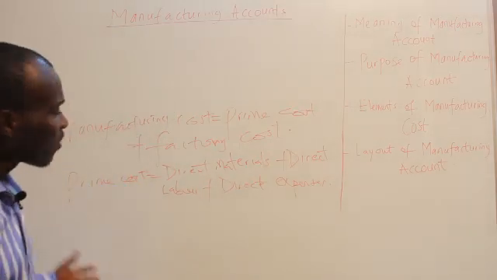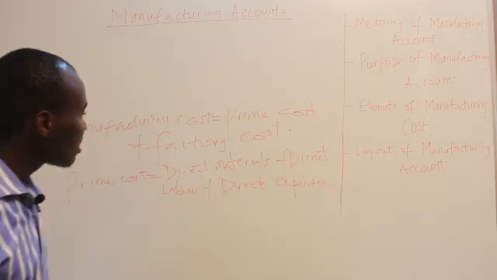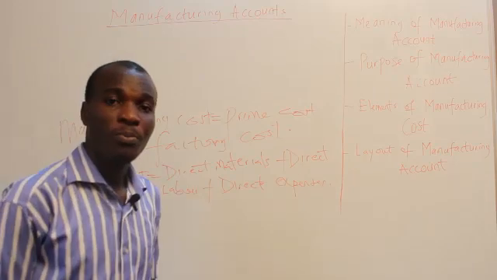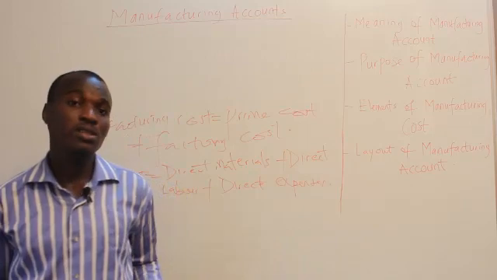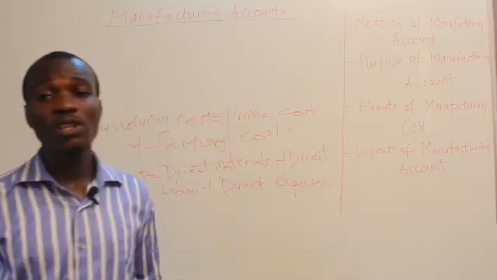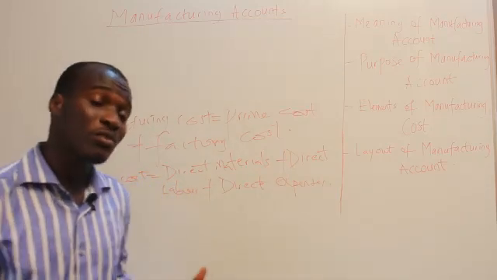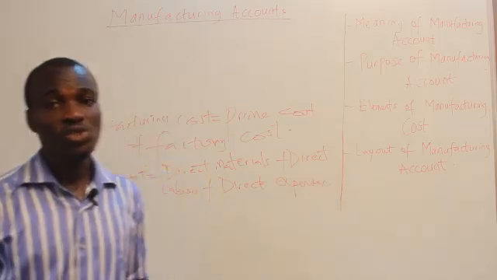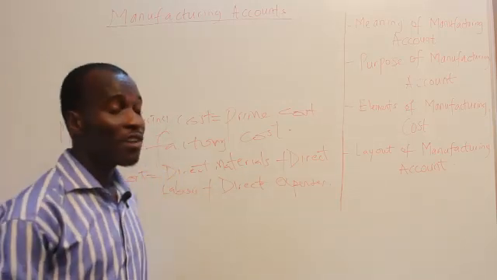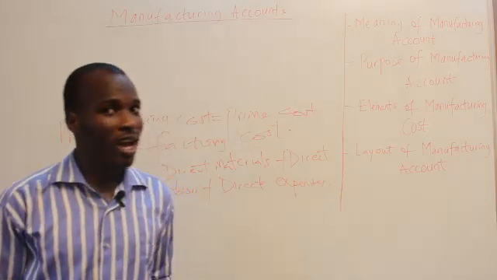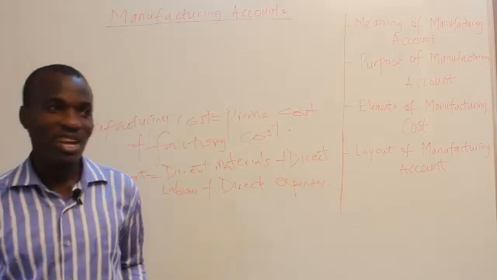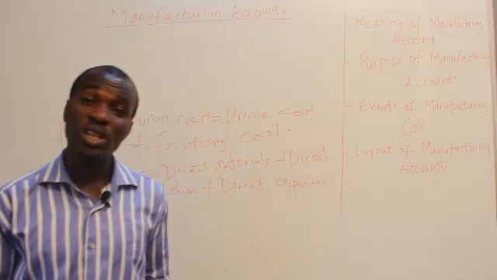Now the second element of the manufacturing cost, which is the factory cost, includes the indirect elements of cost. This category of cost cannot be traceable to any particular production unit. So these costs are incurred indirectly with the goods manufactured, and they cannot easily be traced to the goods manufactured.